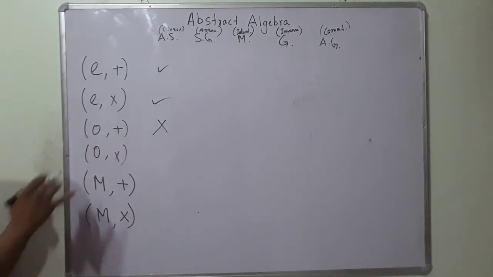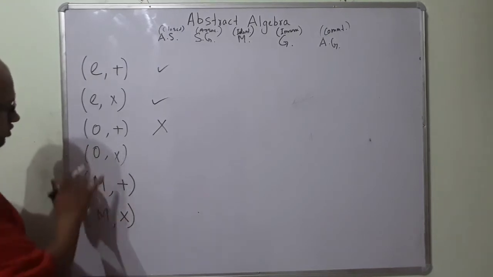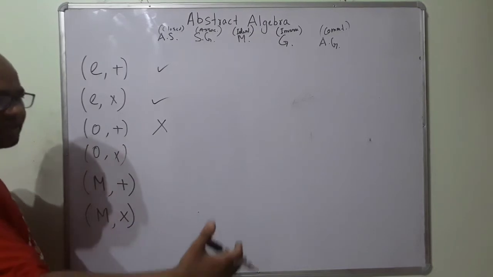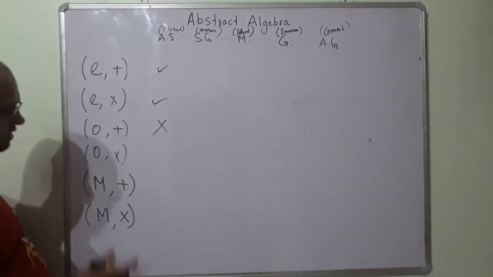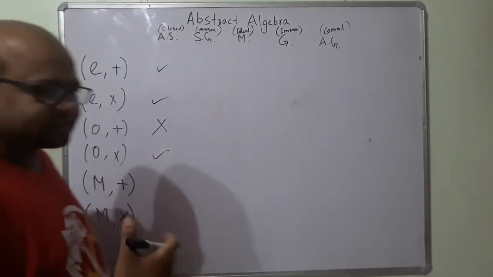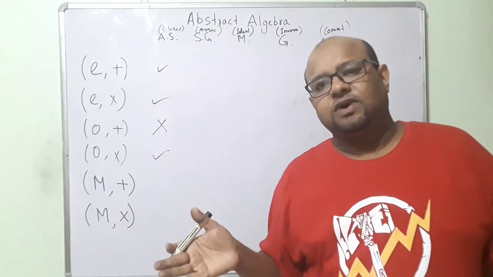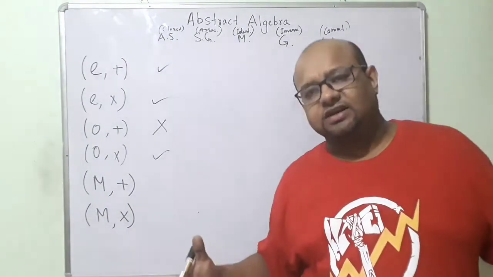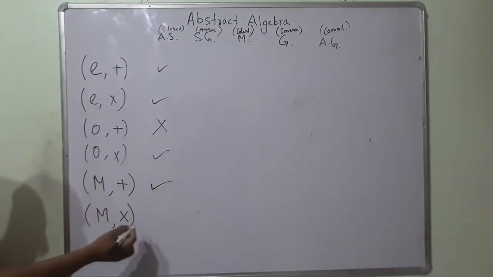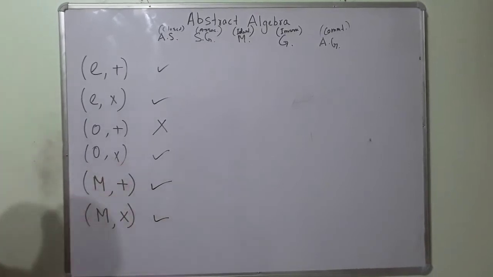What about multiplication? When I multiply two odd numbers, the result is an odd number. So it is closed. Whatever result I get belongs to the set of odd numbers. When I add two matrices, the result is a matrix, so it is closed. When I multiply two matrices, the result is a matrix, so this is also closed.